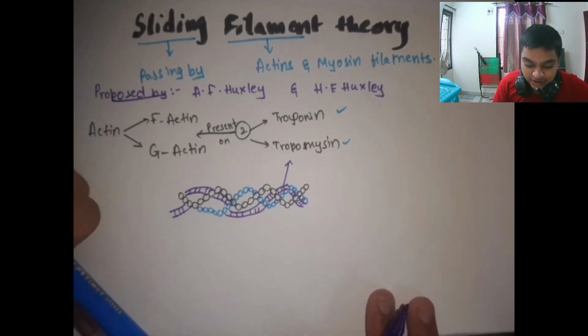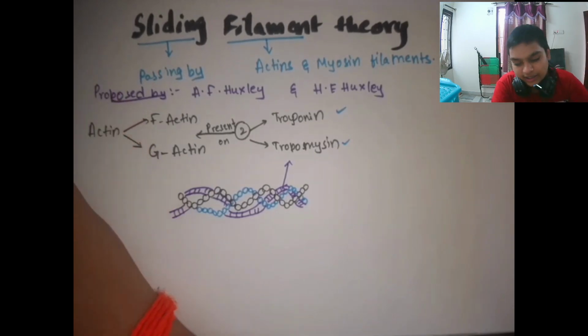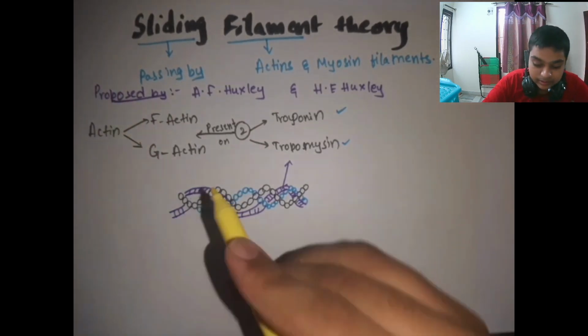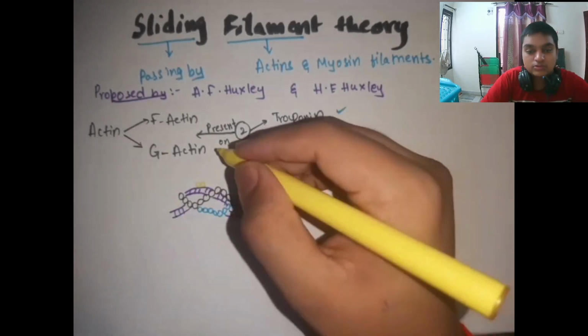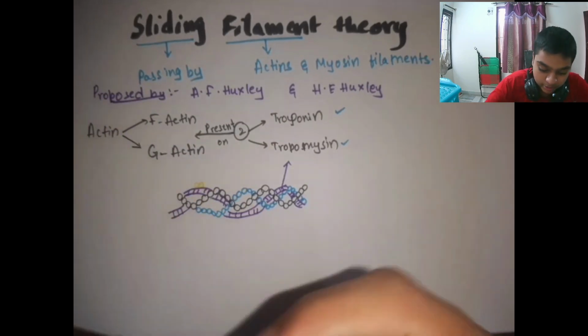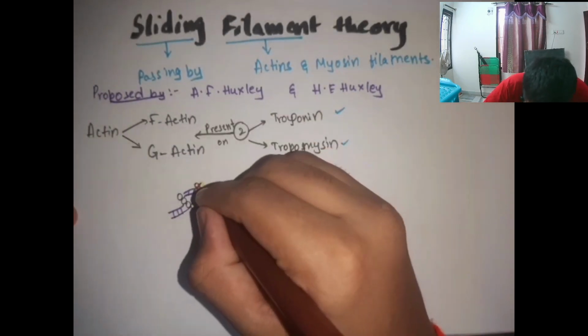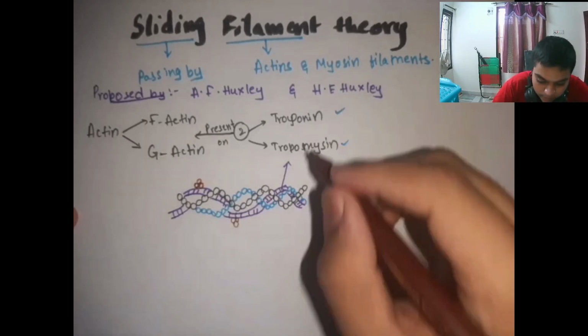Coming to troponin, you cannot see this color, so let's use brown. They are present like this on tropomyosin.